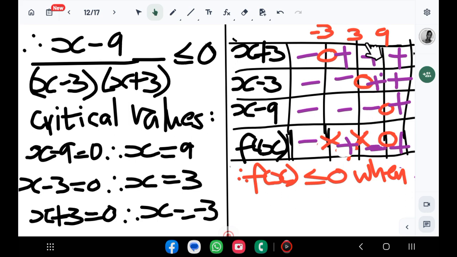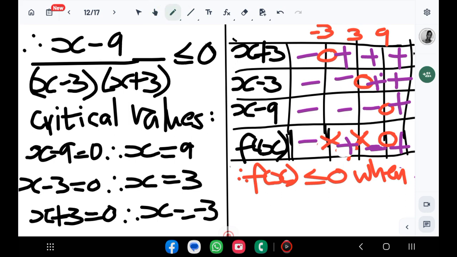It's negative in the region between 3 and 9, not including 3 because that's when it's undefined, but also including 9. And also another region over here, where it cannot be equal to negative 3 because that will make the whole function undefined. So it is negative in this region to the left of negative 3 and in the region between 3 and 9.